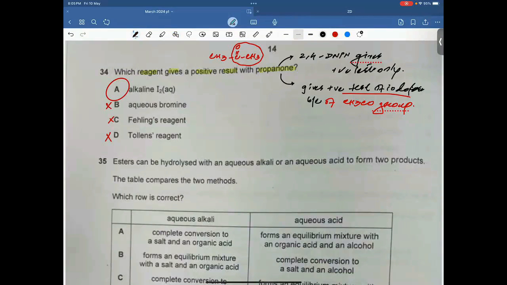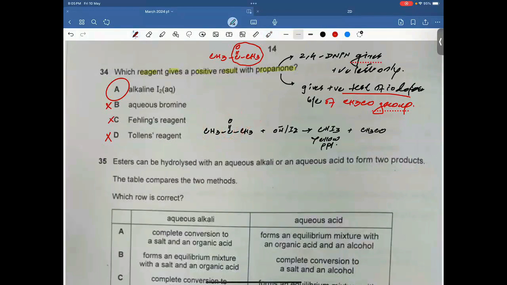Let me give you the equation here. I have given you the equation in the class, and I've given the mechanism. So when you react with alkaline aqueous iodine, this CH3 will turn to CHI3, plus CH3CO will remain as it is.